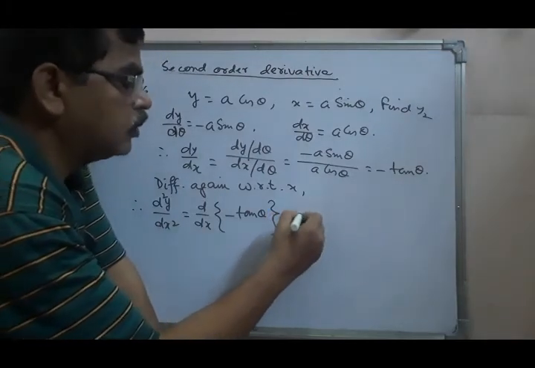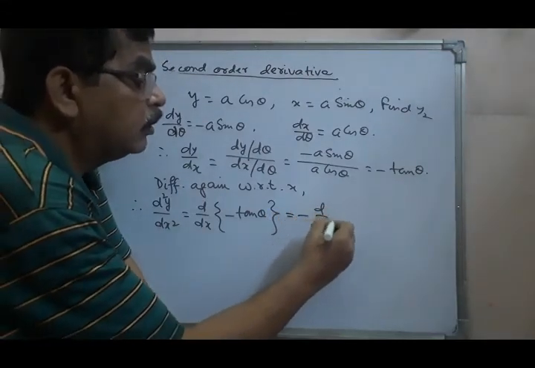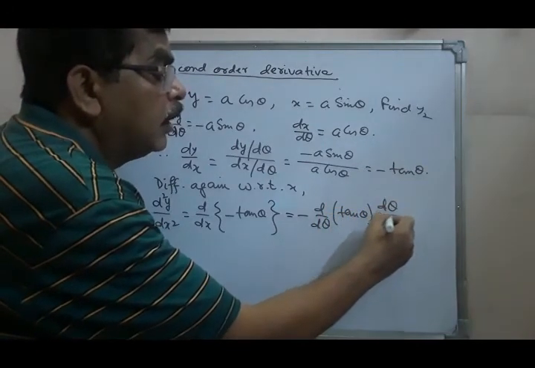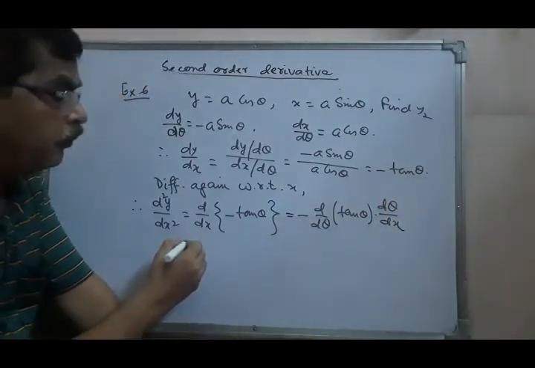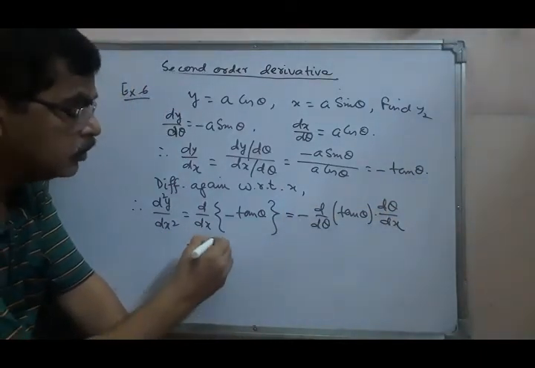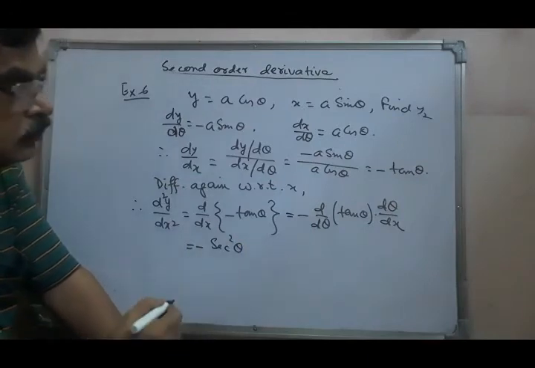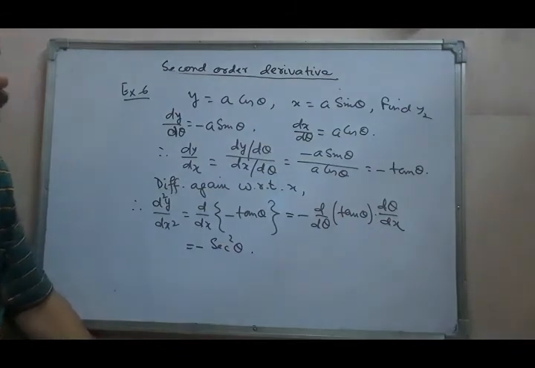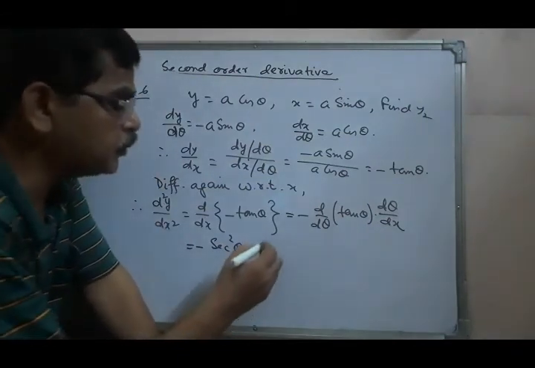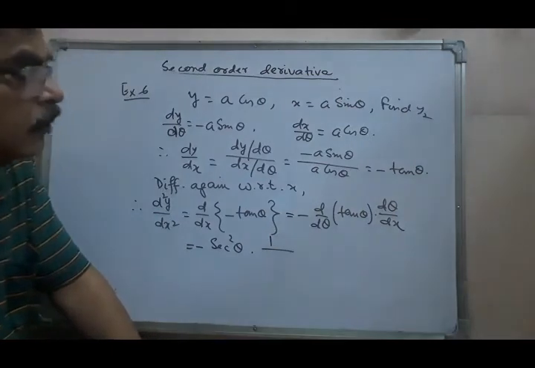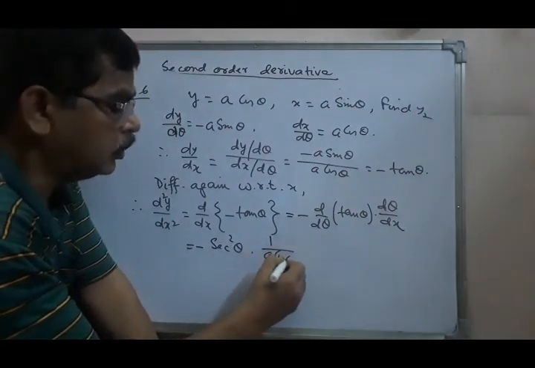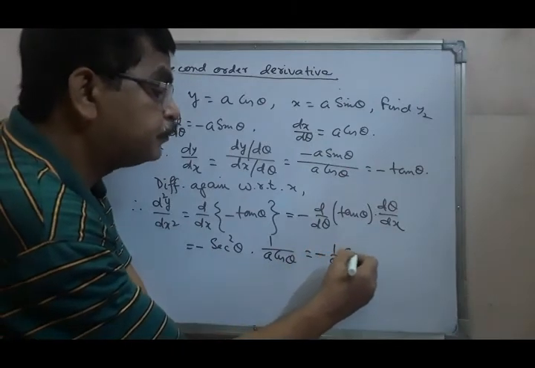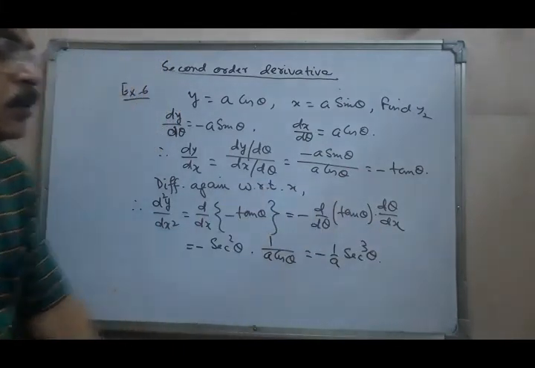We have to adjust: d d theta of tan theta into d theta by dx. So it is minus sec square theta into d theta by dx. dx by d theta is a cos theta, so d theta by dx is the reciprocal of it, which is 1 by a cos theta. So the final answer is minus 1 by a sec cube theta.